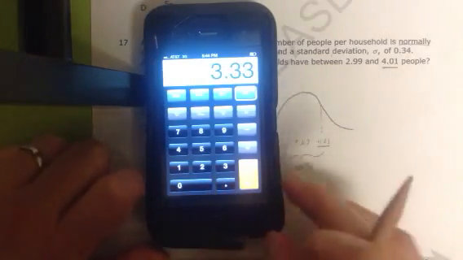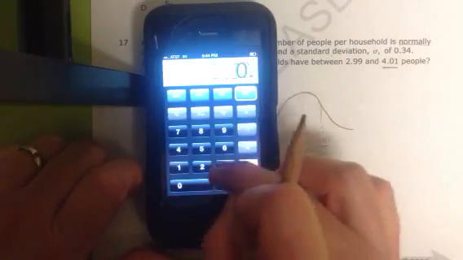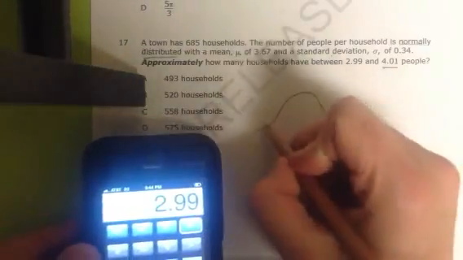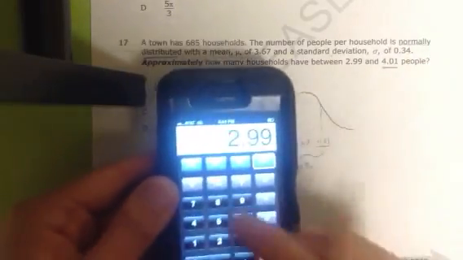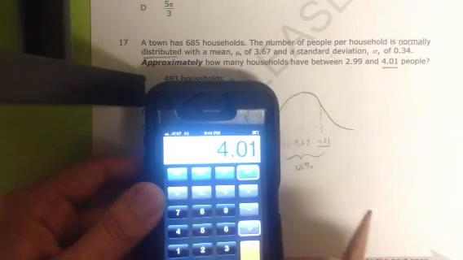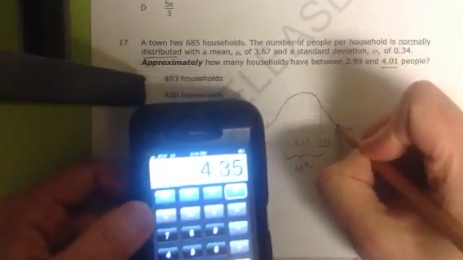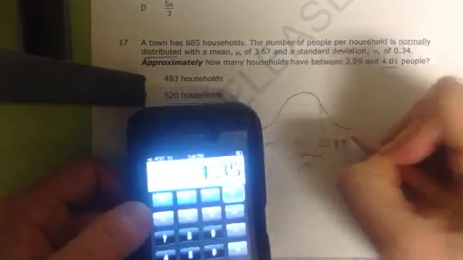We know too if we go down another standard deviation, another 0.34, we get 2.99, and going up, 4.01 plus 0.34 is 4.35.